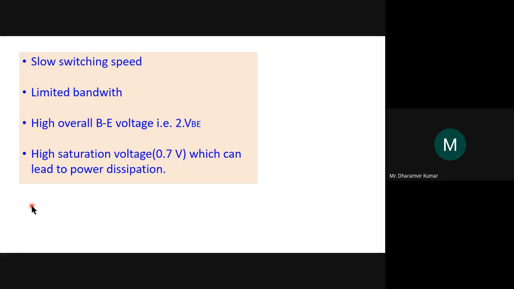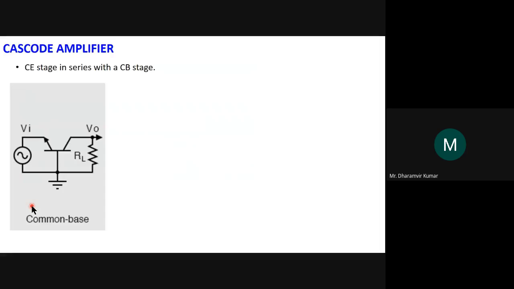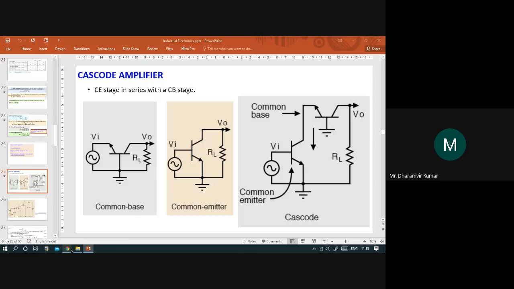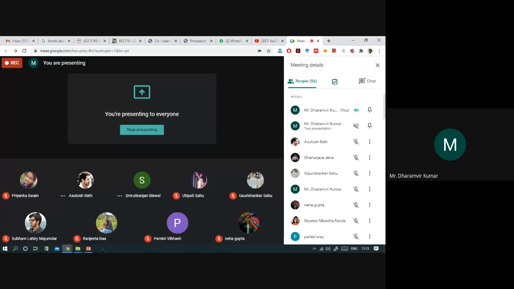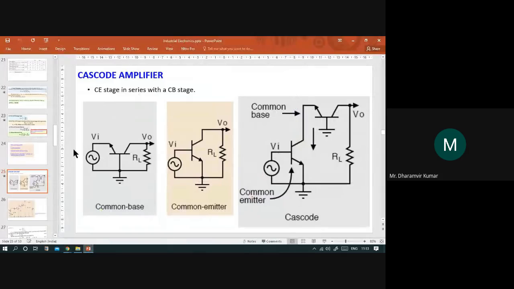So the next topic is cascade amplifier. Students, how many students do we have here? 56. Good number of students.